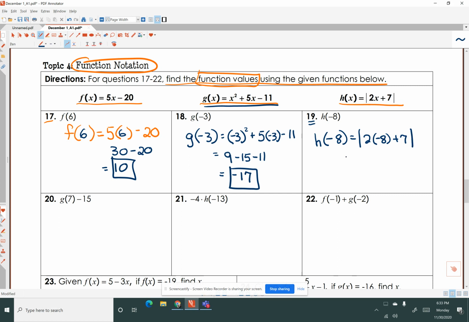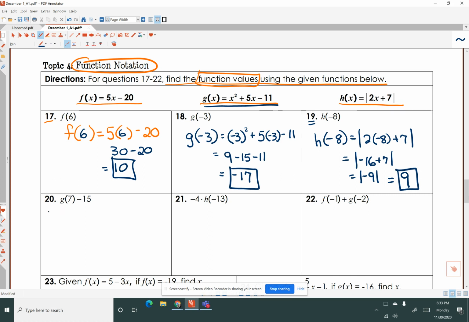So working from the inside out on this one, 2 times negative 8 is negative 16 plus 7. Negative 16 plus 7 is negative 9. And the absolute value of negative 9 equals 9. And that's our final answer.